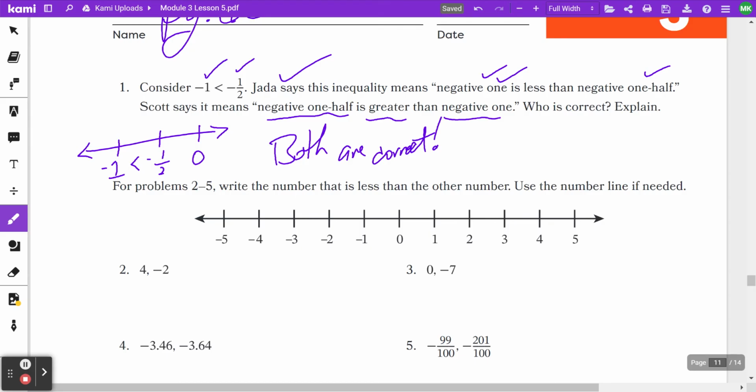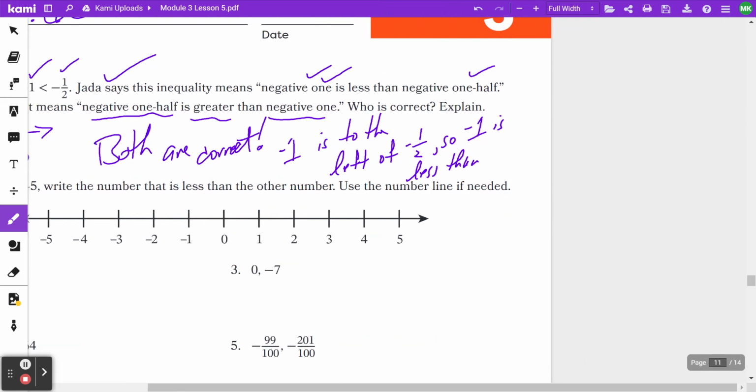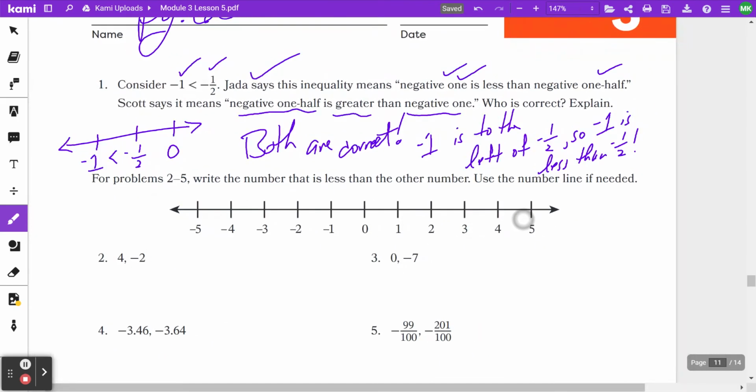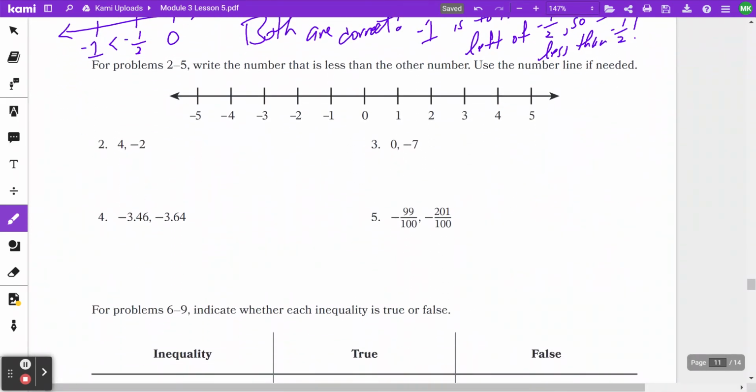So -1 is to the left of -1/2, which means -1 is less than -1/2. There you go. To the left of, I guess I should have mentioned the number line, but okay.